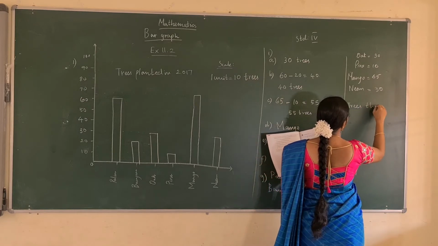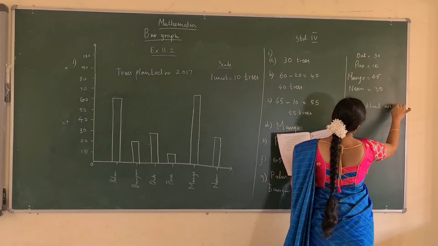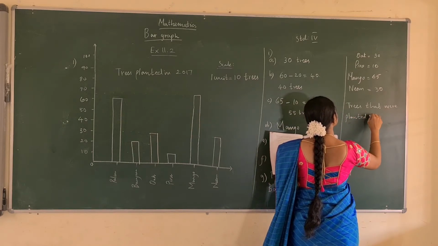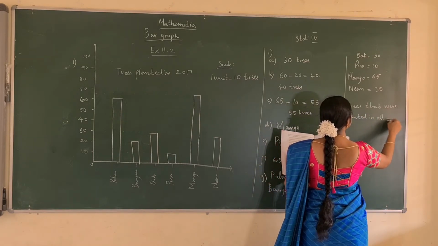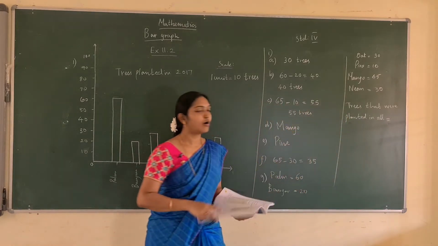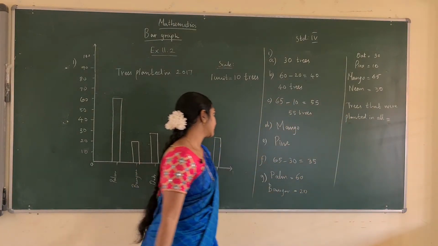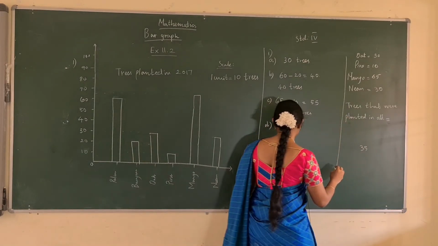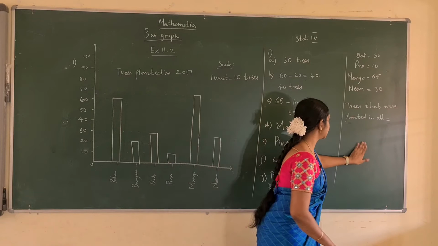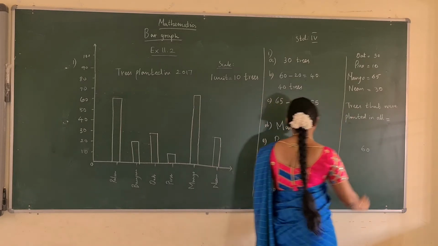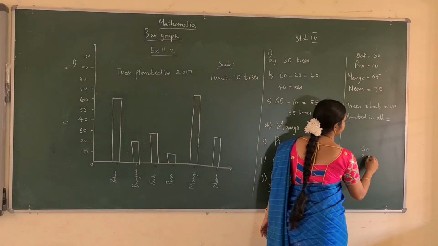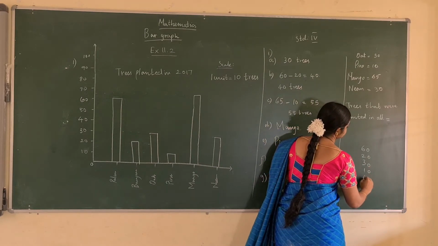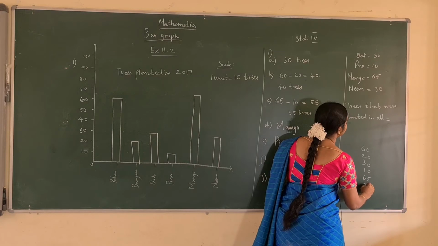Trees that were planted in all, that is equal to, we have to add all the trees given. So add 35, 60, for banyan 20, 30, 10, 65, 30.